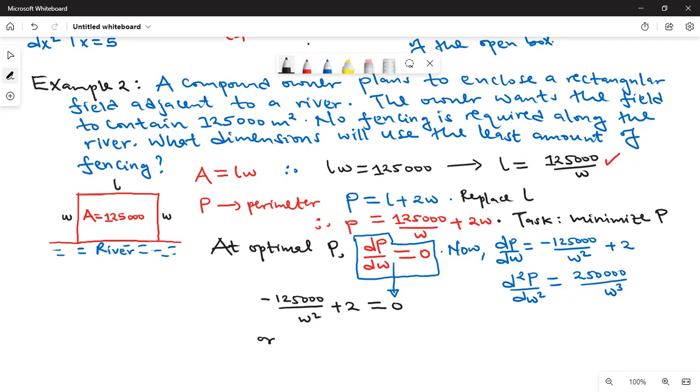Or you can write this as 2 is equal to 125,000 over W squared, which means W squared is equal to 125,000 divided by 2. Let's see, 125,000 divided by 2, that should give you 62,500.